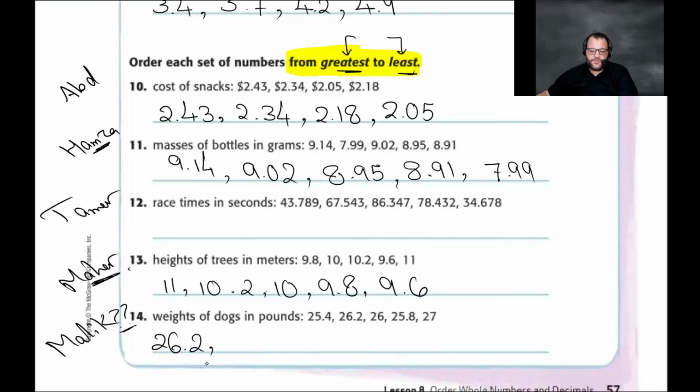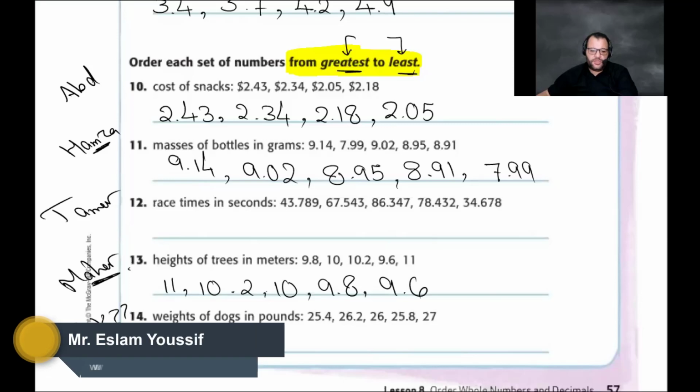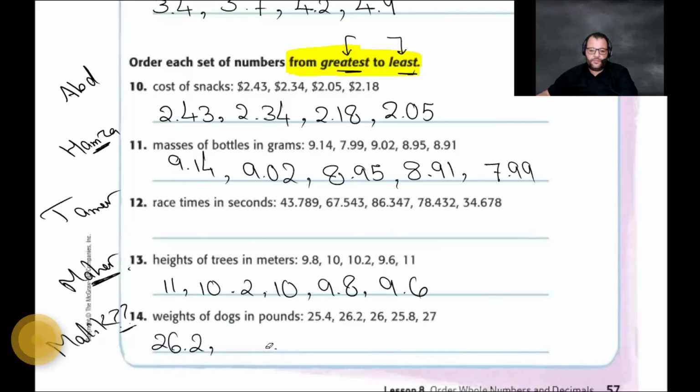The next, 25.8. So the next 26.2, then 25.8. I will write here the order. The first one is 26.2. That's right? Yes. The next one.